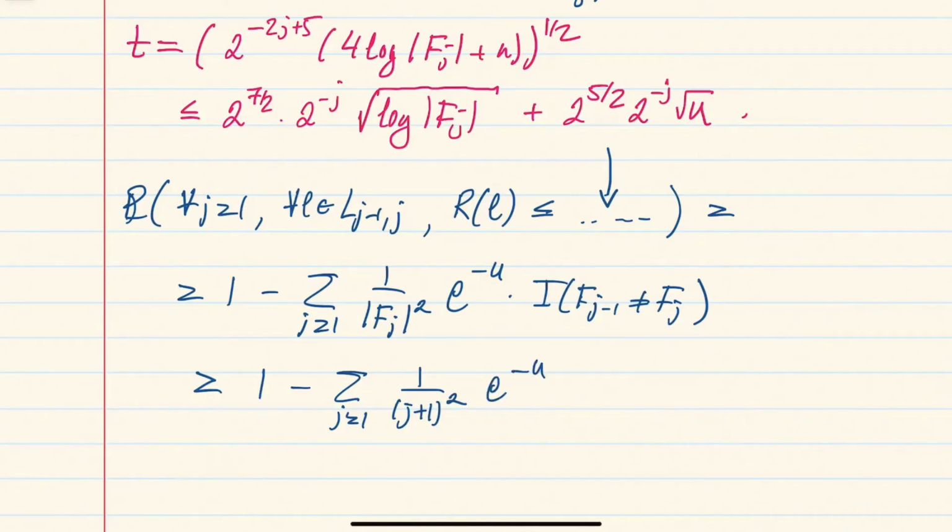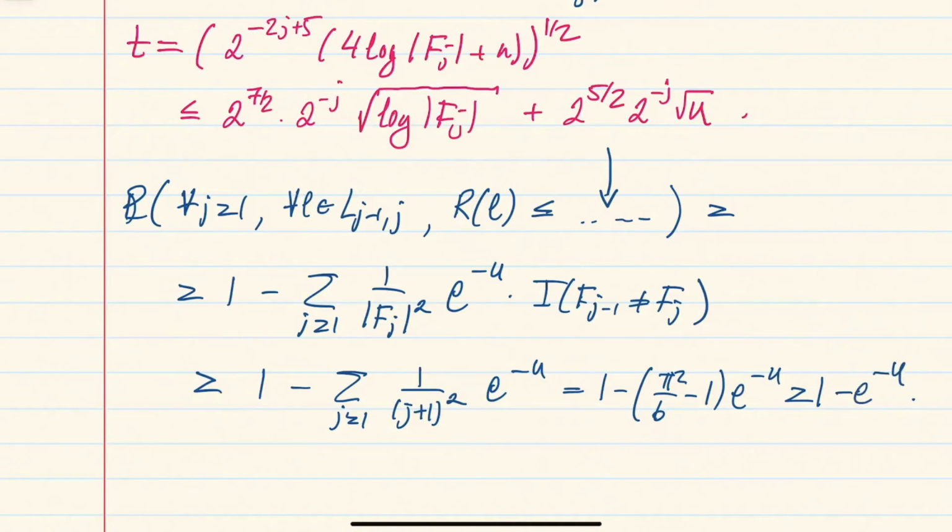And in this form, the series in front of the exponential converges. In fact, in this case, this is a famous series, pi squared over 6, missing the first term. But for us, it only matters that it's some constant, and in this particular case, it happens to be smaller than 1, so this will be at least 1 minus e to the minus u.